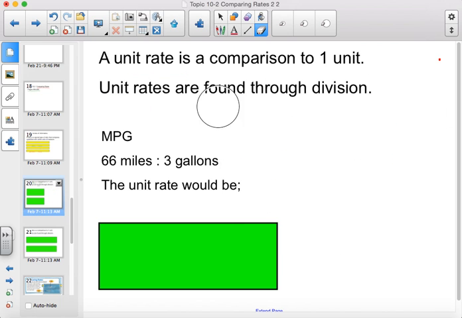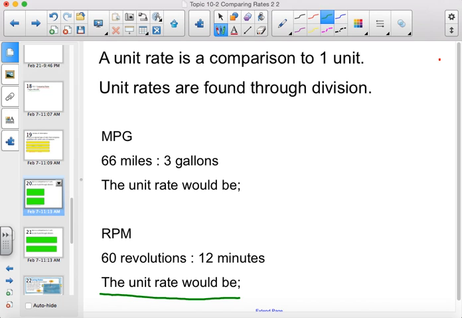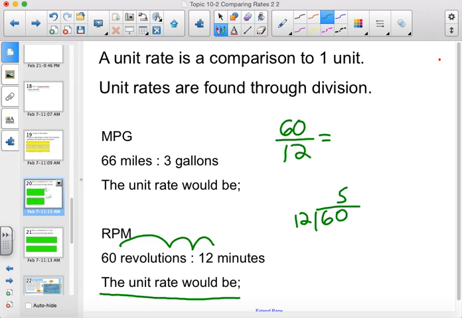Another example would be this one, revolutions per minute. Again, if we're talking about a unit rate, we would set it up as a fraction, 60 to 12, or 60 revolutions to 12 minutes. And again, we could divide with the traditional algorithm and we would get 5.